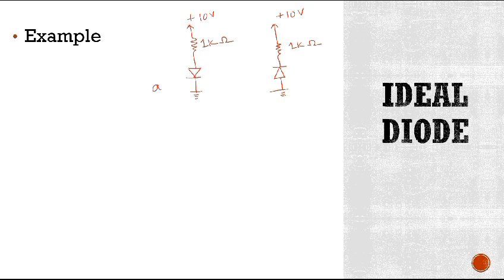This is diode circuit A, this is diode circuit B, this is ground, this is ground. Now, first we will look at diode circuit A.